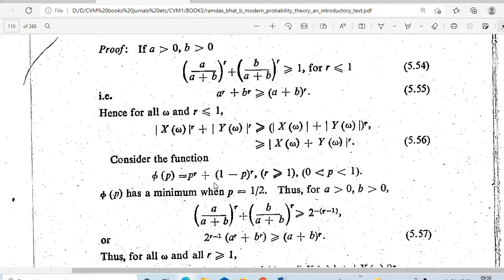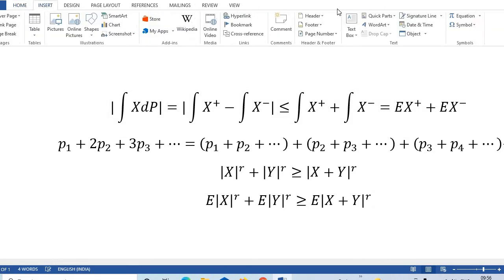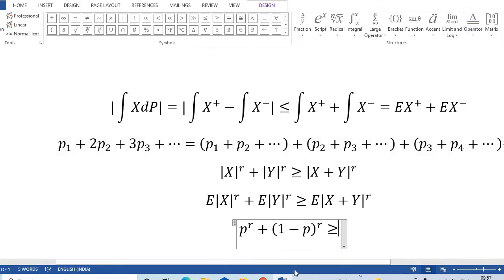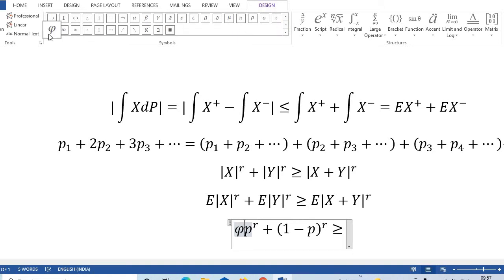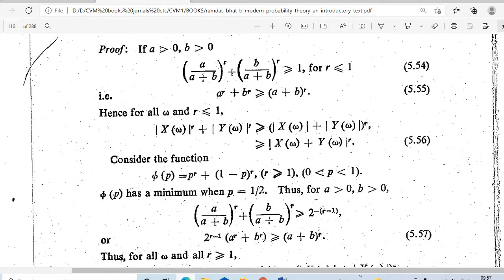So you can say p raised to r plus 1 minus p raised to r, that is phi of p, will have minimum value at p is equal to 1 by 2.